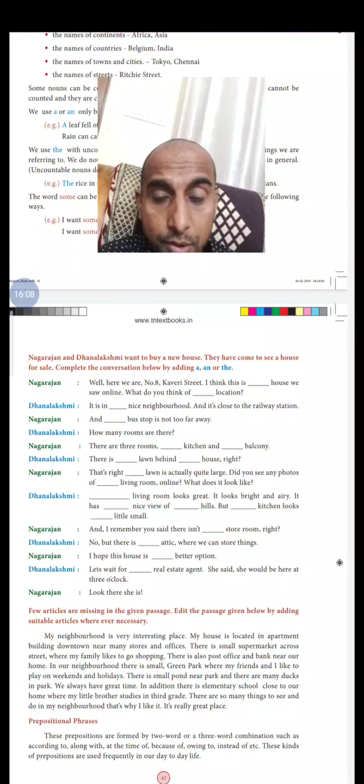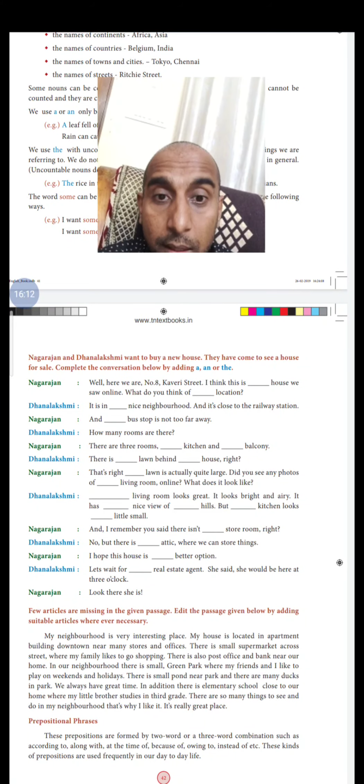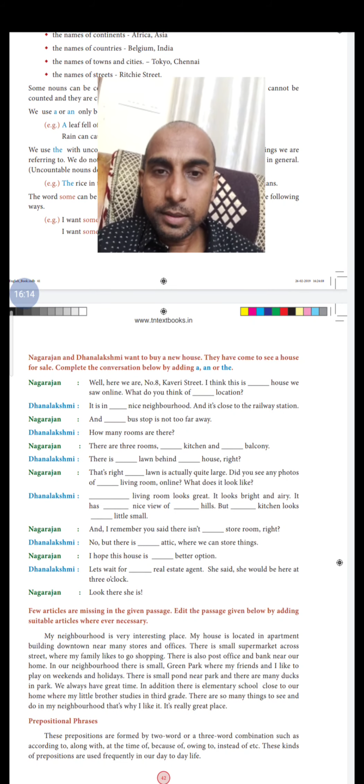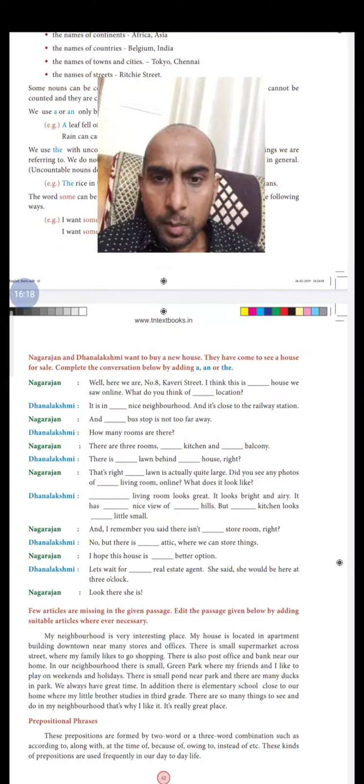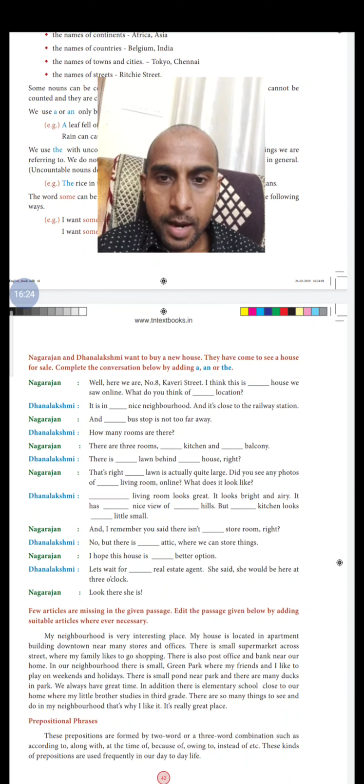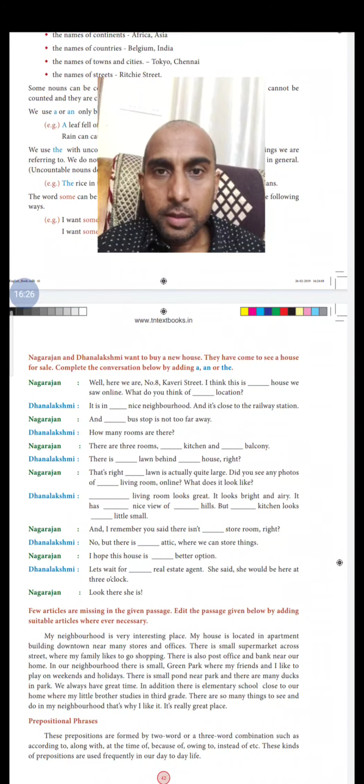Then Nagarajan: And I remember you said there isn't a storeroom, right? Dhanalakshmi: No, but there is an attic where we can store things. Nagarajan: I hope this house is a better option.